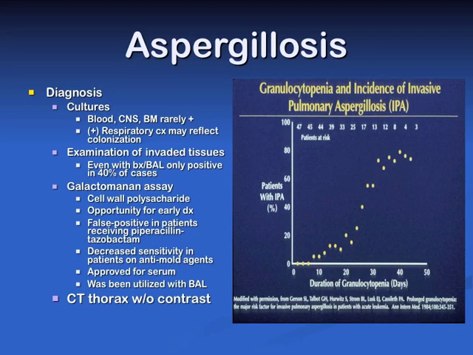Now this is about to change, I think, because we're starting to get some new diagnostic assays which will be helpful here. So we already have the galactomannan assay. Galactomannan is a cell wall polysaccharide, and we can detect it in the serum, although there are a number of false positives, and we get false positives for patients who are on Zosyn because of contamination with penicillium, or products of penicillium.